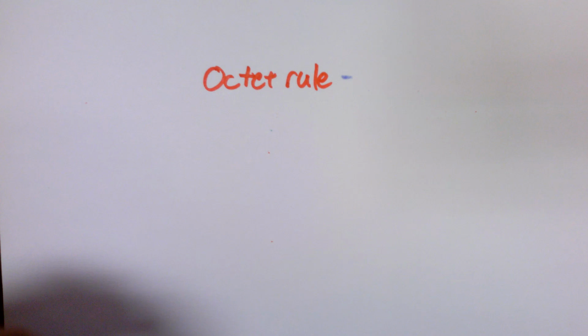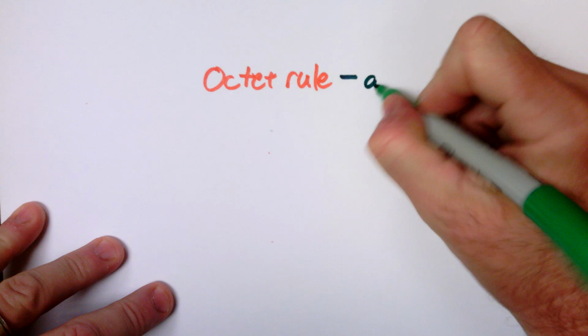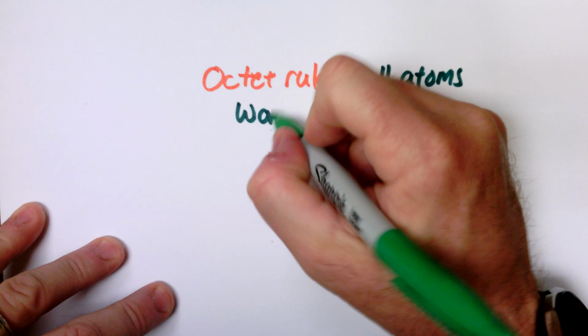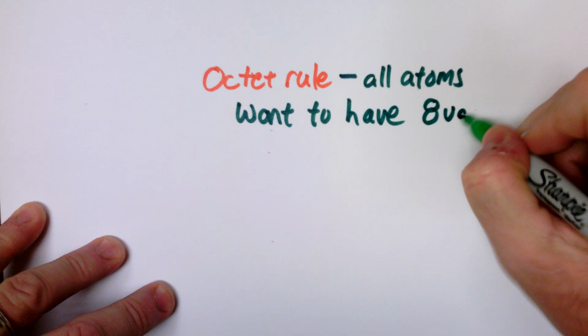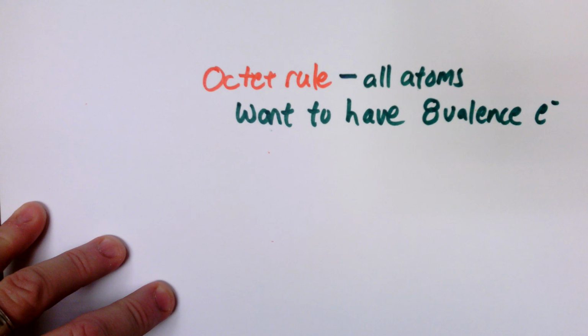It's not going to be necessarily the most sciencey sounding definition, but it will work for us. All atoms want to have 8 valence electrons. Now, the reason is that atoms are actually most stable when they have 8 valence electrons.